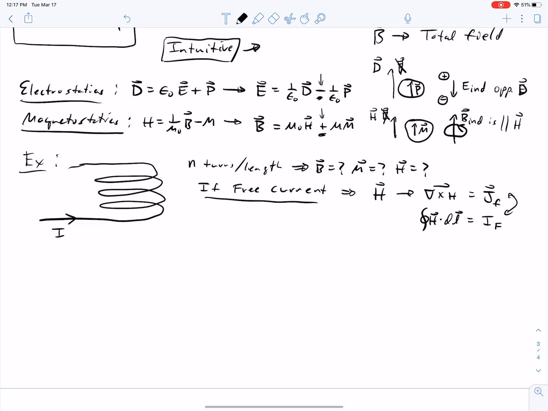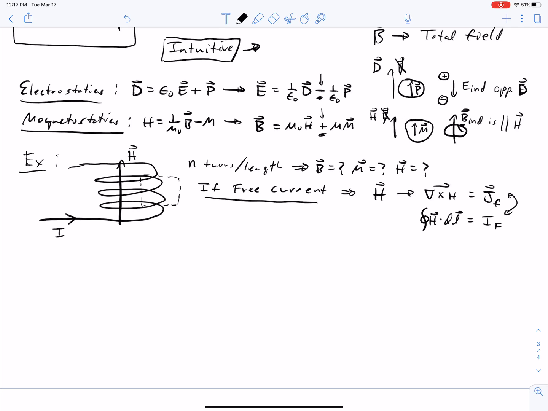Now we can do an Amperian loop, and here we expect to have a B field pointing in this direction, or I should say in this case, H, so we expect an H field pointing in that direction.